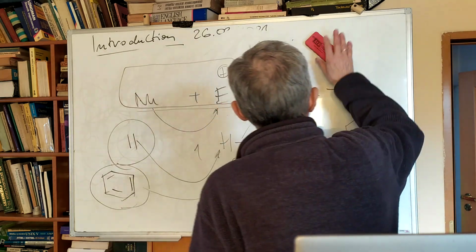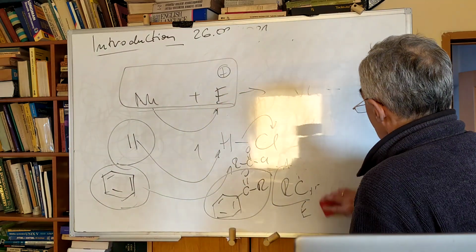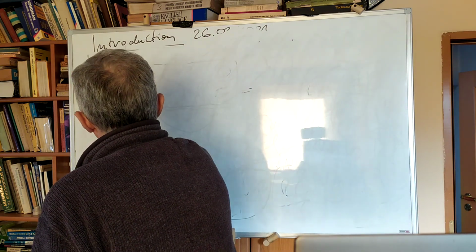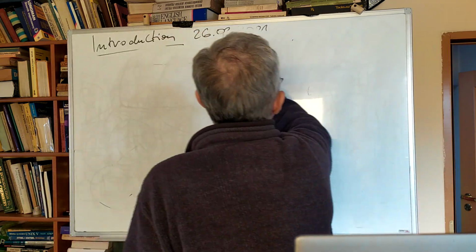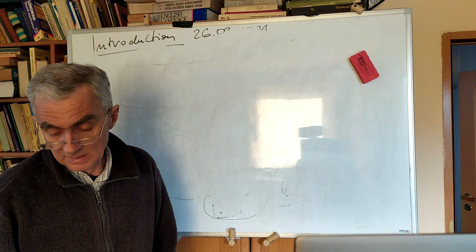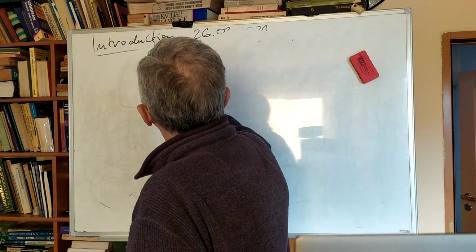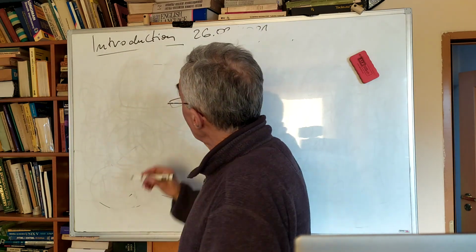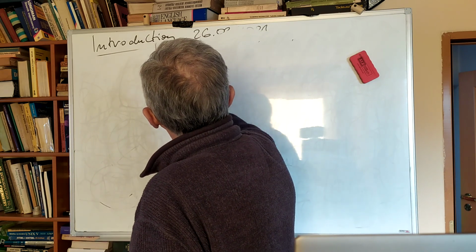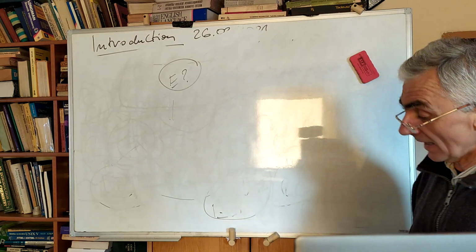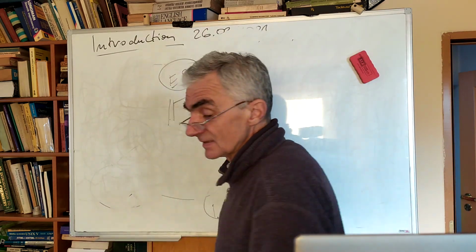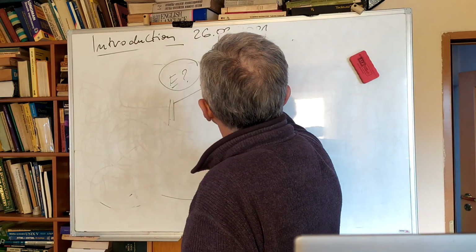Let's say we can also change the reactivity. So the double bond can be not only a nucleophile, but I'm asking a question: could I have here an electrophile? And the answer is yes, we can have an electrophile here.